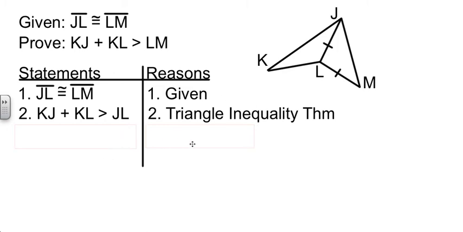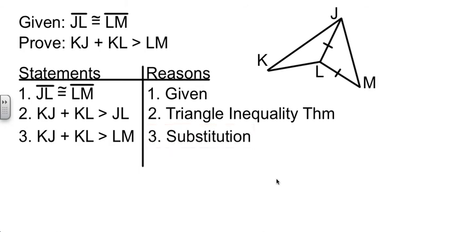Well, that looks a whole lot like that. What do we need to do to make our final thing look like that? Yeah, I hope I just heard you say substitution. Plug in LM in place of JL since they're equal by substitution. And presto, we're done.